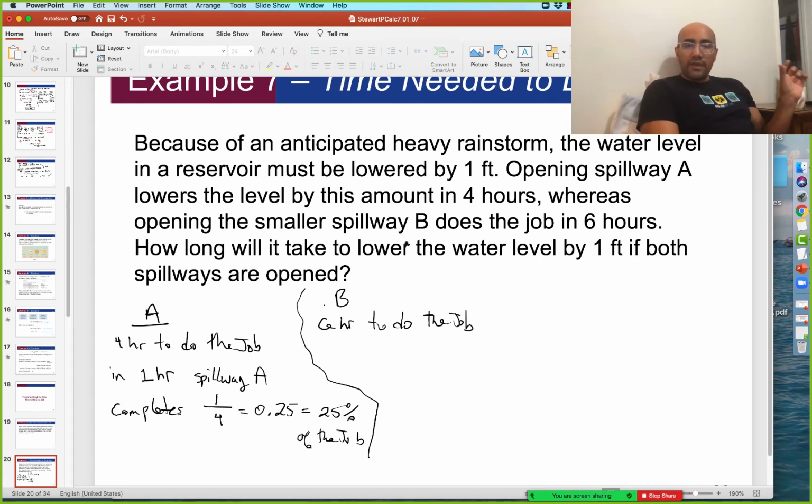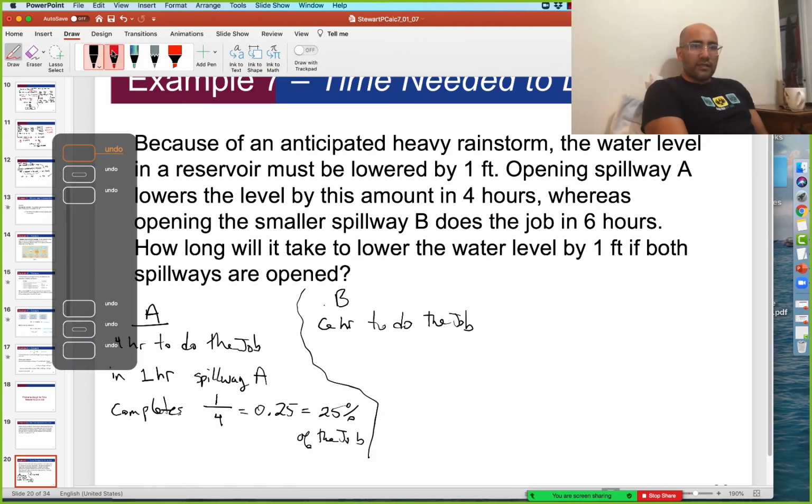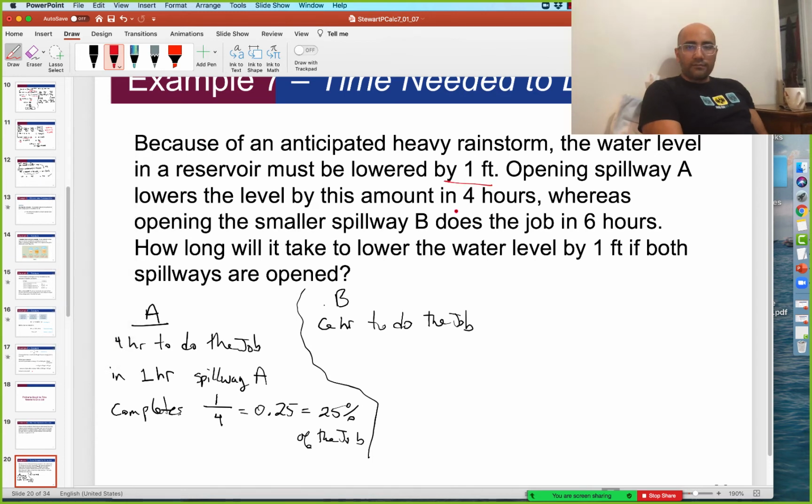Then you have to make sure that you halve that, because the job in this case is considered to be lowering it by 1 foot, not by 2 feet. So they could add a little extra turn to this problem with that extra piece of information. But luckily in this case, everything is consistent. They are talking about the same job. The job is to lower it by 1 foot.